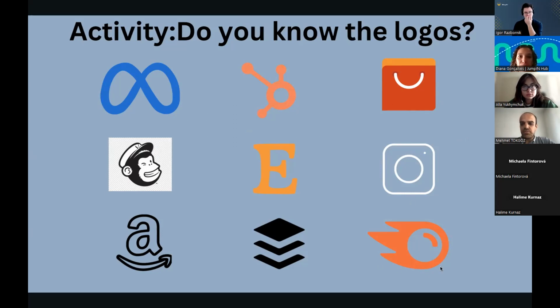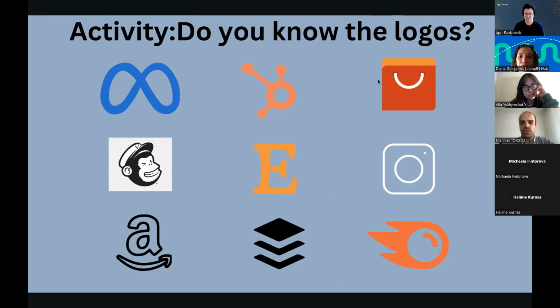And what do you think about this one on the right at the bottom, or the middle? Do you have an idea? Okay, I think the most difficult ones are these, and I'm going to give some information about this one and this one and this one.